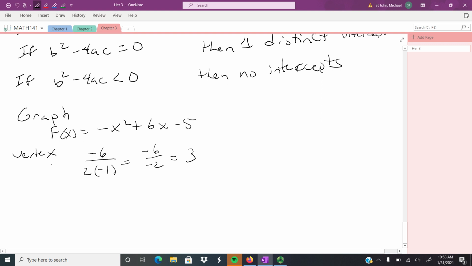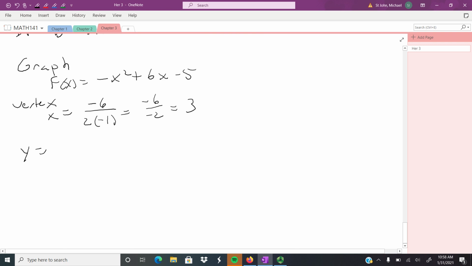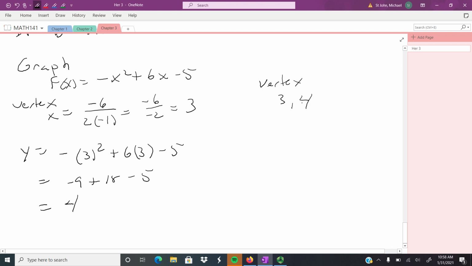And then the y is minus 3 squared plus 6 times 3, so minus 9 plus 18 minus 5. This will give us 4. So my vertex is at (3, 4). My parabola opens down.